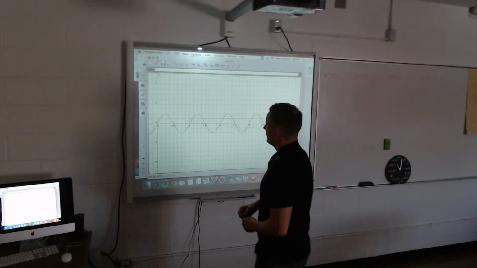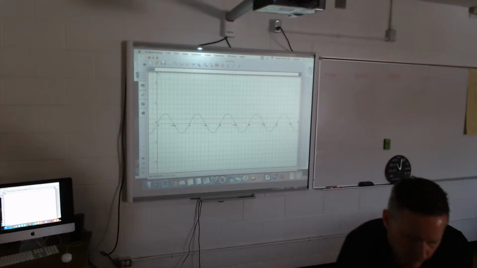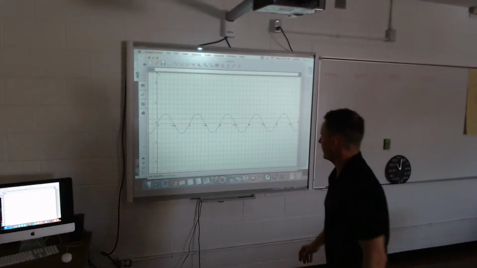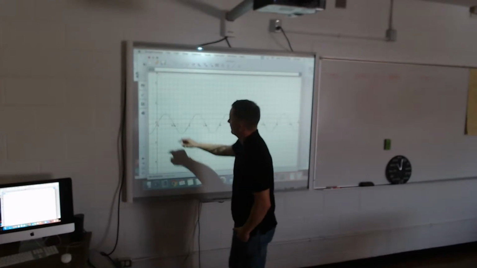Okay, so my intersection point. This is really hard to see, and I'm sorry, but my intersection point is right here.